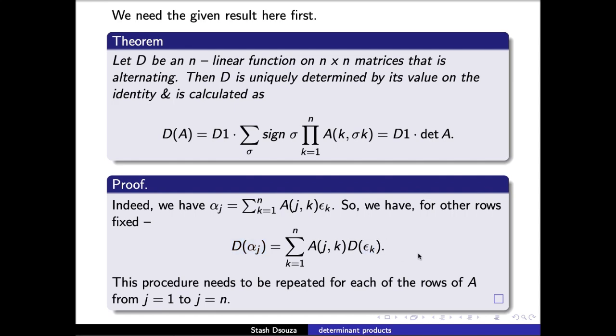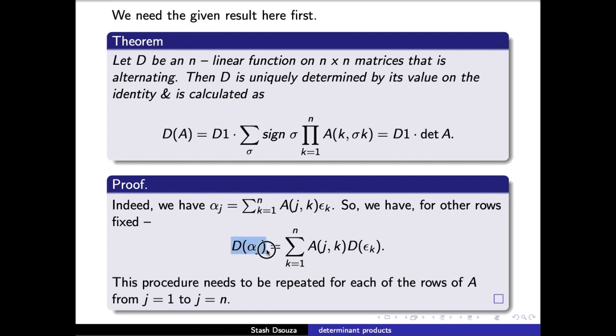So that means in the jth position we are occupying epsilon_k. All other rows different from j are fixed as for the matrix A, and we have scalar coefficients of a_jk as before. But this procedure cannot stop at just alpha_j.